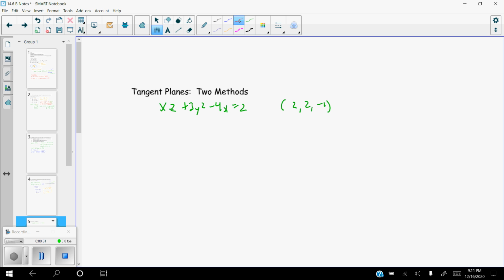Remember that the idea was we can do z minus z naught equals the partial of x times x minus x naught plus the partial of y times y minus y naught. Let's go ahead and do that.